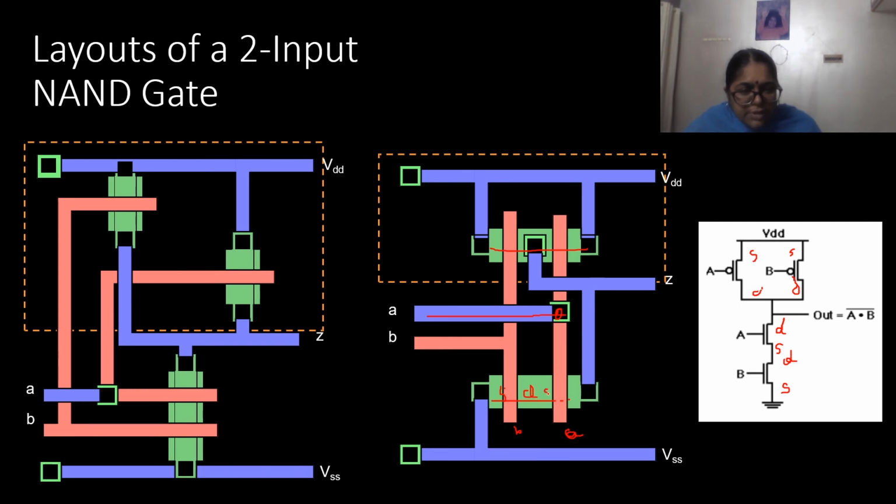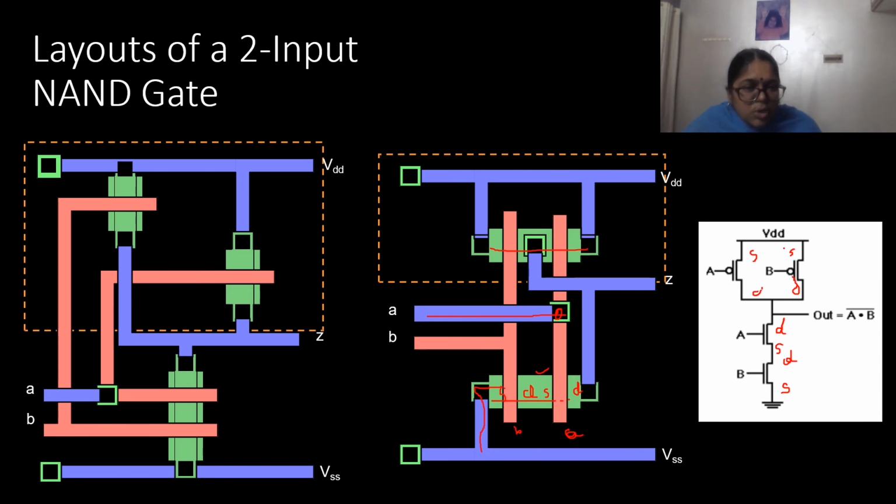Once again, source, if I mark this side, drain I will be marking here. So source of the NMOS transistor B is connected to ground, drain of B is connected to source of A, which is used here, and then drain of A is connected to the output.